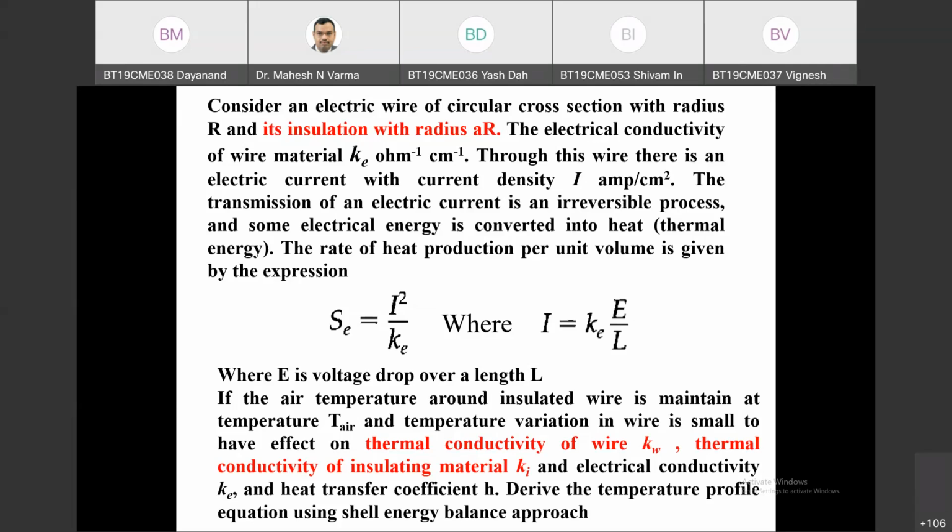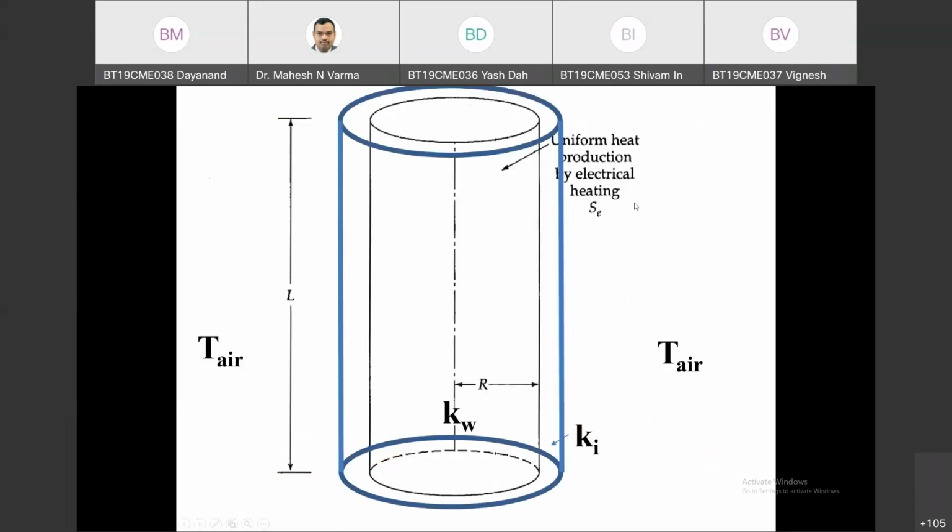So this problem is the same thing. Here this is the copper. Consider a copper wire of radius R, and the insulation is of radius aR. So this is the insulation from R to aR. R to aR is the insulation only.